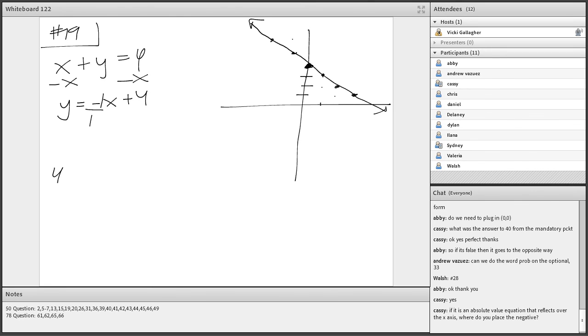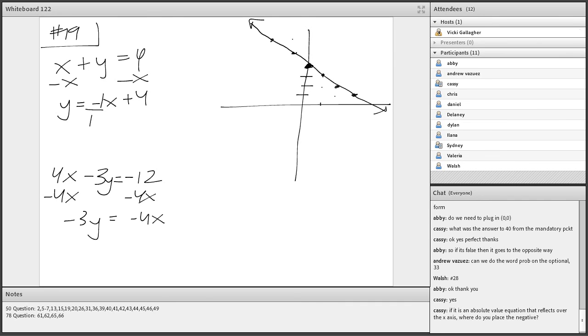And then for the second line, in front of the absolute value signs. Again, I'm also going to change this one to slope-intercept.